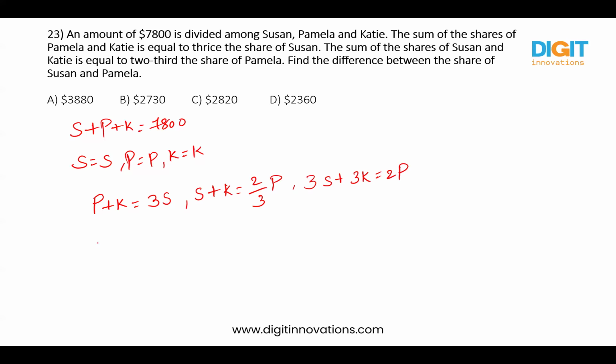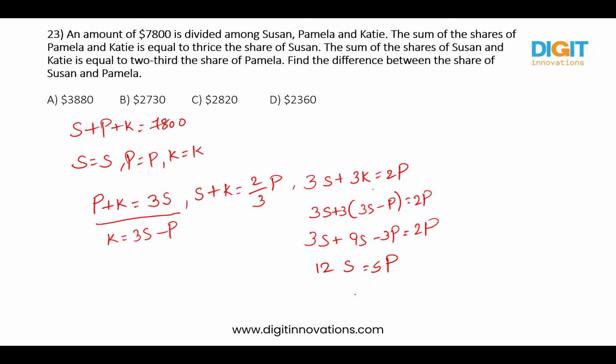So from the first equation, I put 3S plus 3 into 3S minus P equal to 2P, so 9S equals 5P.